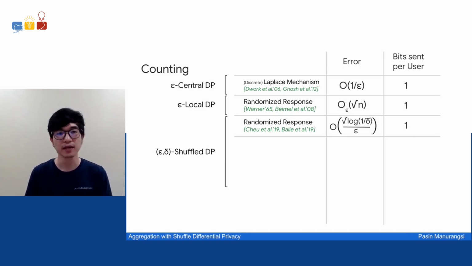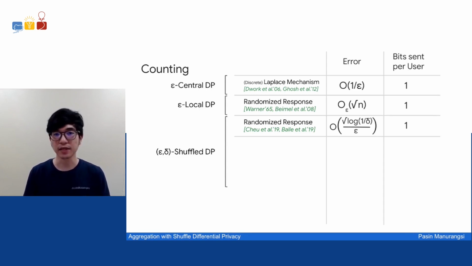Now, as I said earlier, in shuffle DP, if you take just the local DP algorithm and run it in shuffle DP, you already get a better dependency on the epsilon. In this case, if you just take the randomized response that we already saw for local DP and run it in the shuffle model, you actually get a dramatic decrease in the error. So your error goes down from square root n to instead square root of log 1 over delta.